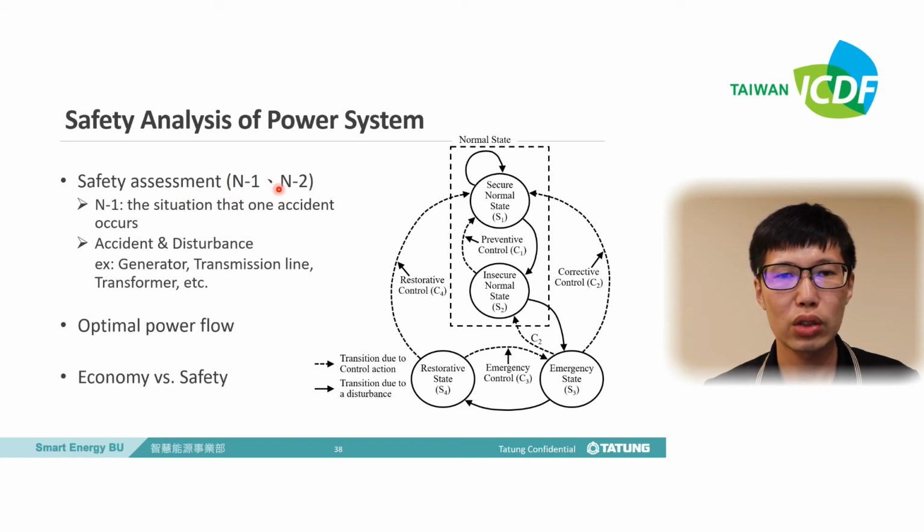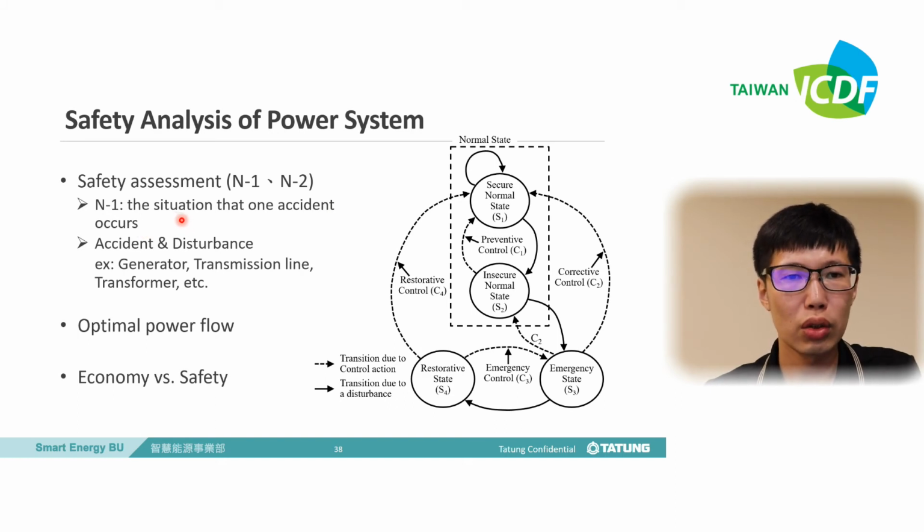What are the N-1 and N-2 situations? N-1 is the situation that one accident occurs. The accident may come from the generator or the transmission line or the transformer and so on. And N-2 is the situation that two accidents occur.